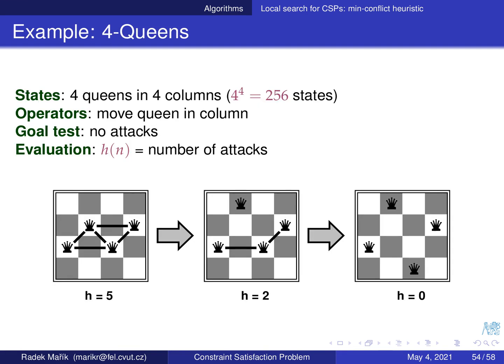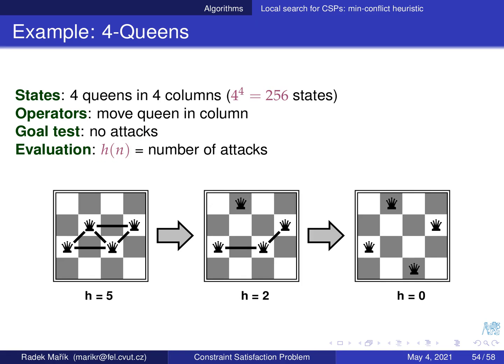For example, for the 4 queens problem, you have 4 queens in 4 columns. That means initially 4 to the power of 4, 256 states. And you can move a queen in a column. The goal test is that no queen is attacked by another queen.